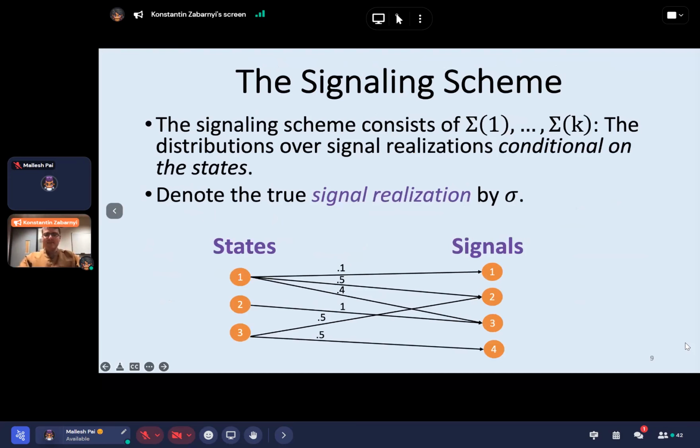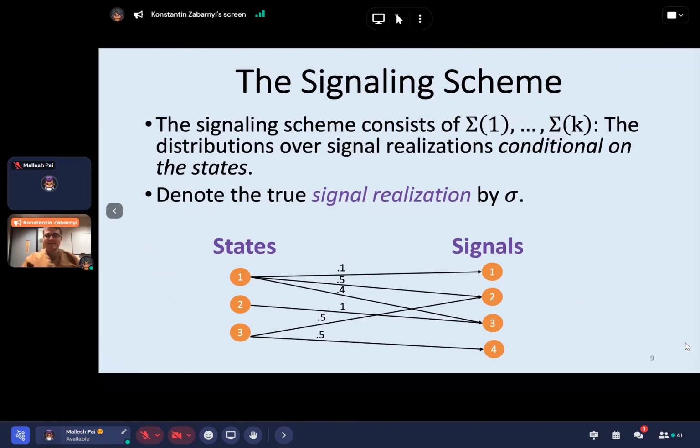So let's briefly describe what a signaling scheme is. It consists of distributions over signals conditional on all possible values of the state. And we essentially think of it as a mapping from the states to the signals. So there is a bipartite graph.